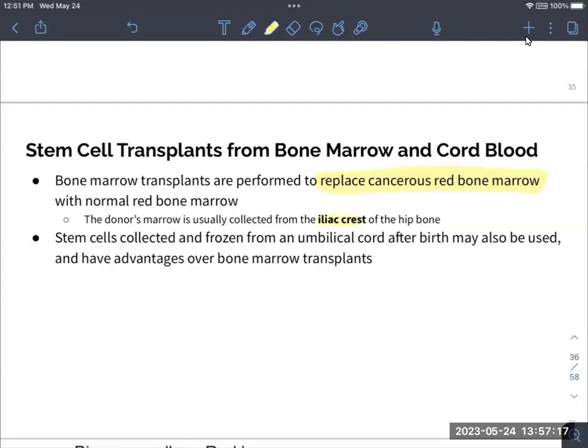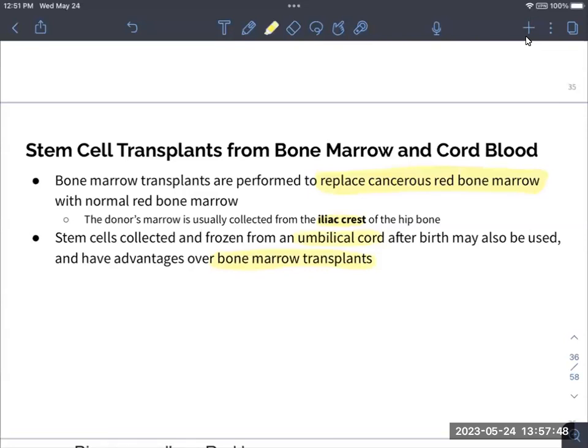After a baby has been born, there's a way now to freeze and store an umbilical cord, because an umbilical cord is going to have stem cells. We can use these stem cells as bone marrow transplants for people with cancer.